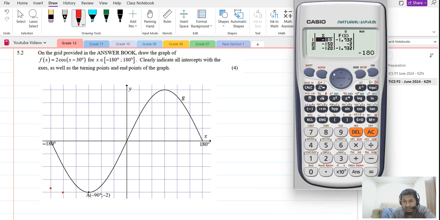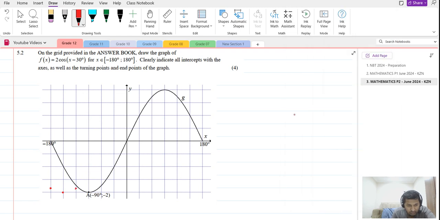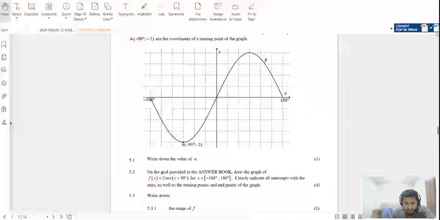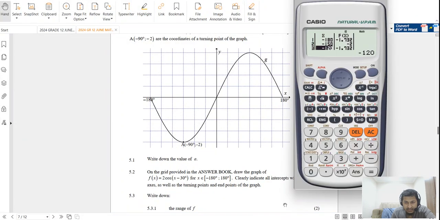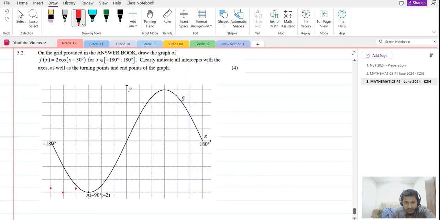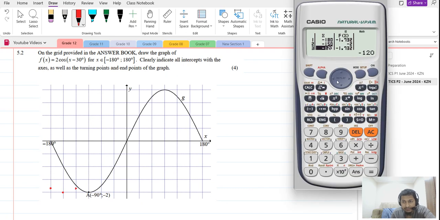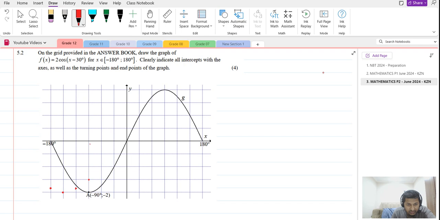At -120 it is -1.732. Let's go back to the calculator, -120 will give me -1.732. That's done. -90 will give me -1. So we know that's -90.